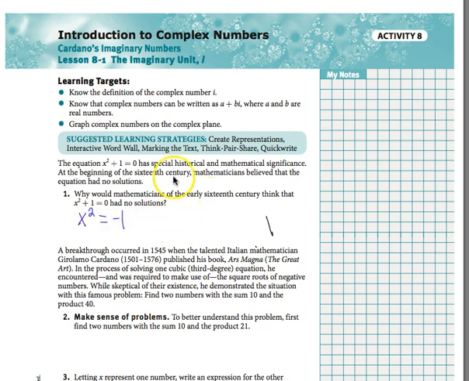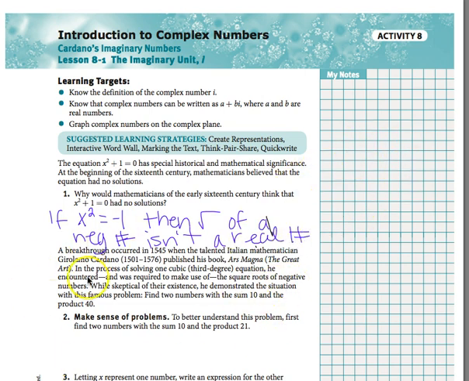And then they said, okay, no solution because there is no real number that I can square that's going to give me a negative result. So that was their thinking, that if x squared equals -1, then the square root of a negative number isn't a real number.